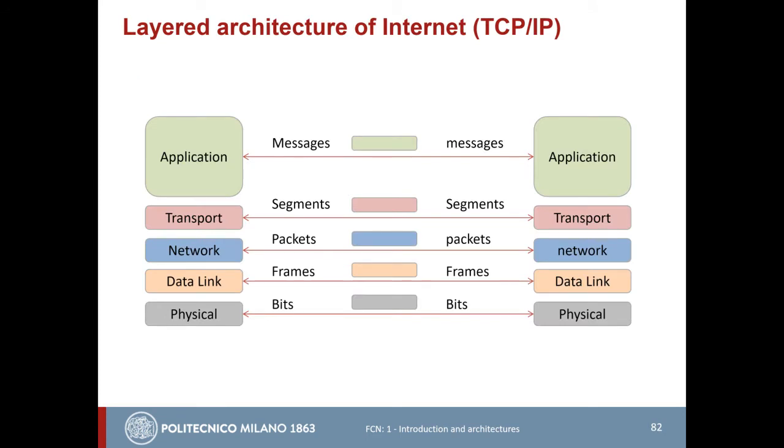So, in the specific case of the Internet architecture, which is also called the TCP/IP protocol model, all the layers have names. The top layer is called the application layer. Then you have the transport layer, network layer, data link, and physical layer.